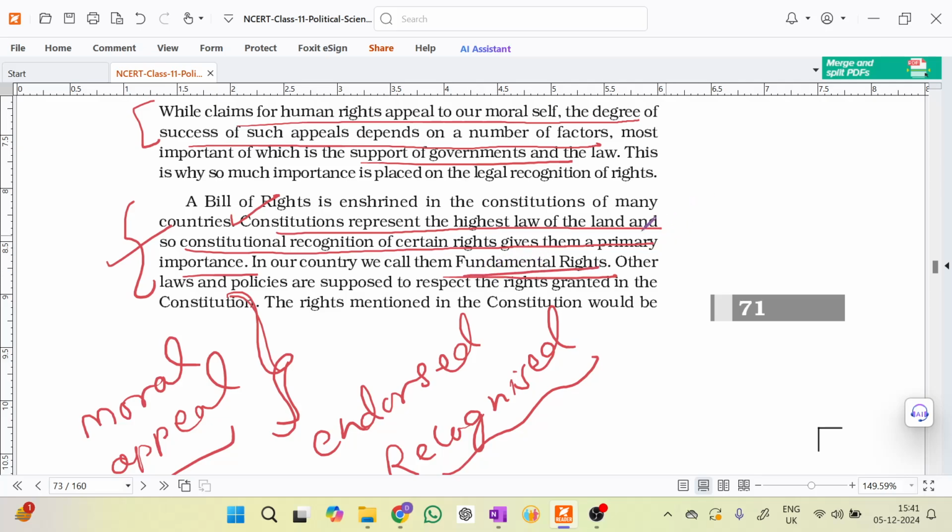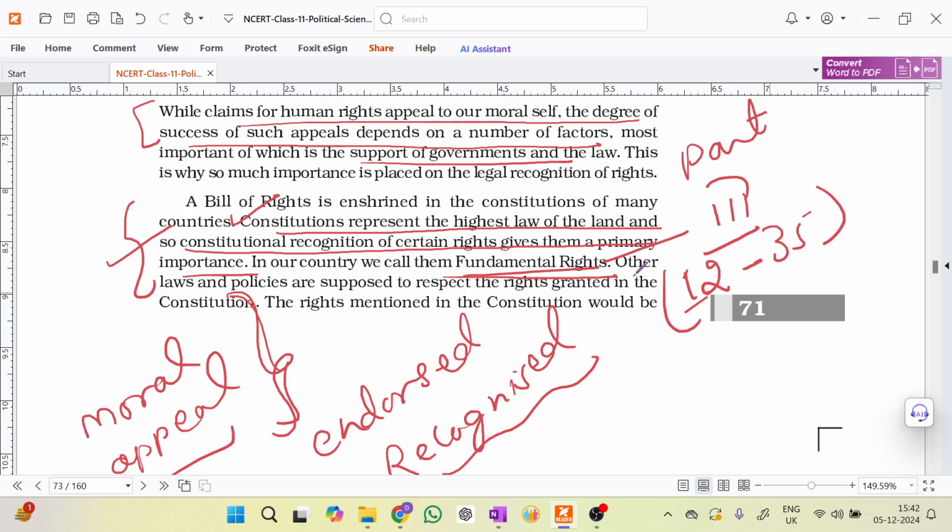And in our country, we know them as fundamental rights that are placed in Part 3, from Article 12 to 35.